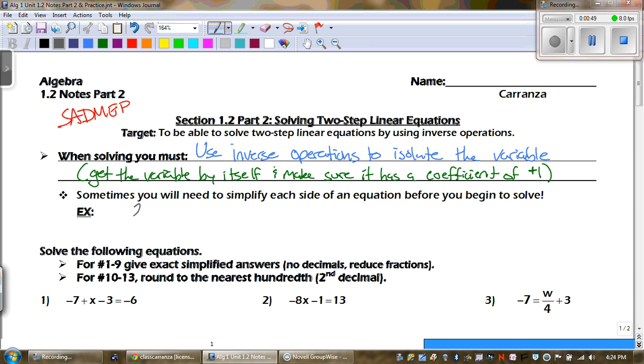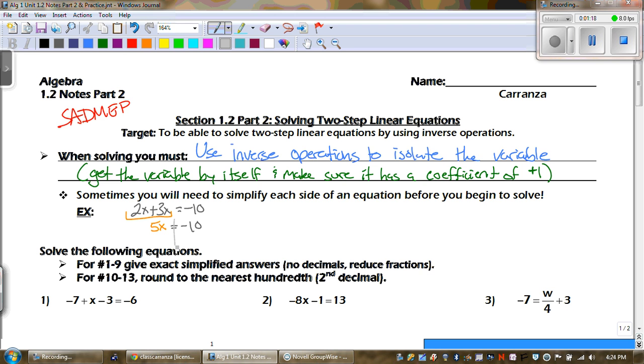Say we have 2x plus 3x equals negative 10. We can't start solving anything because we've got to get some information put together. We have two like terms, and so we always need to combine those. 2x and 3x is 5x, and so we have 5x equals negative 10.